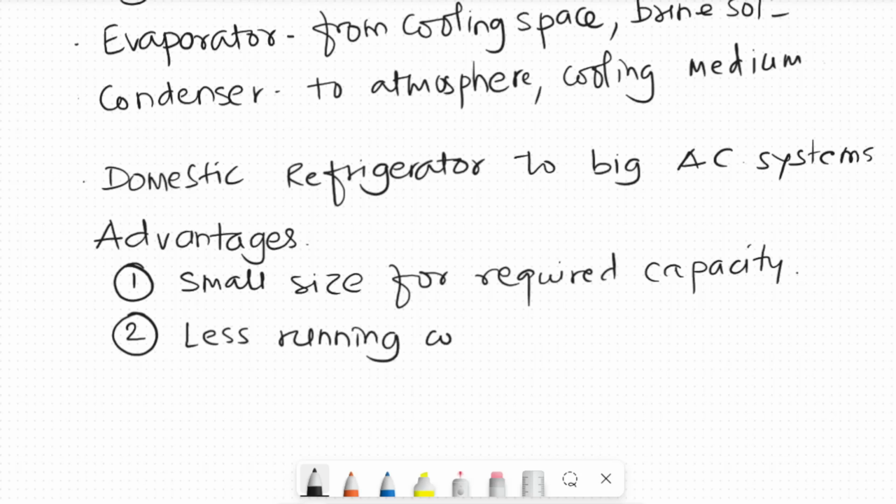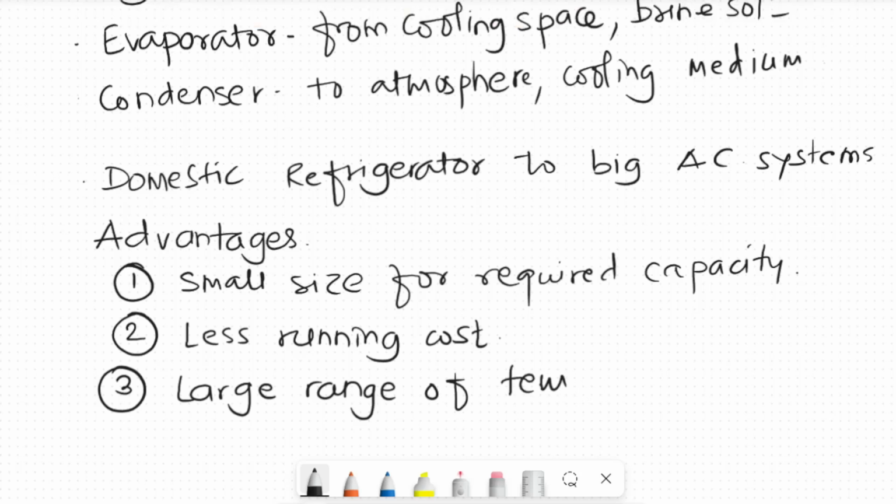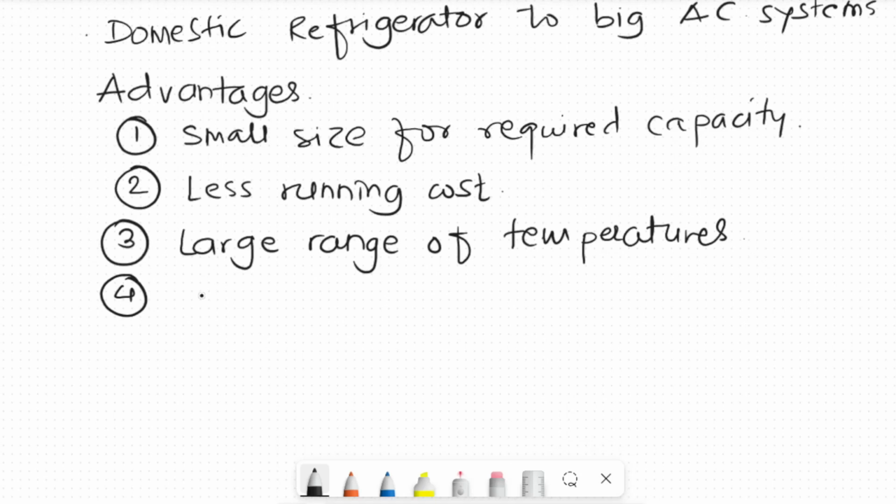Third, it can be used for a large range of temperatures. And next one, which is very, very important, that the coefficient of performance, that is COP, is high. Now, these are the advantages.